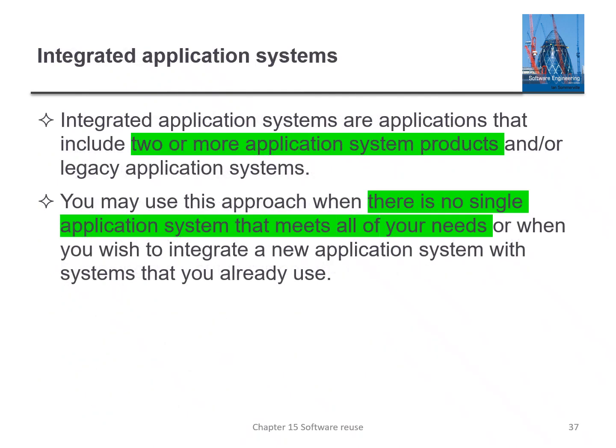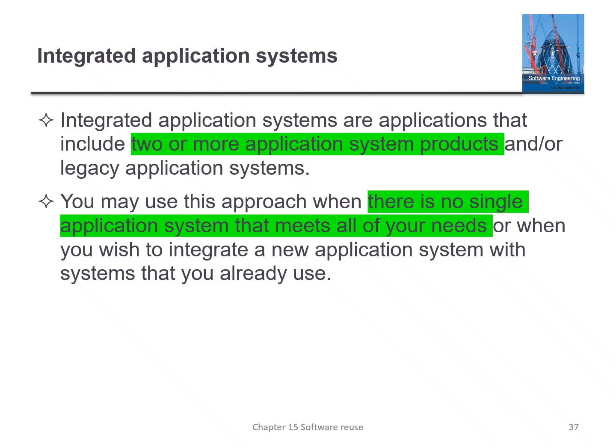Right. Another form of reuse that you have come across just now is integrated application systems. These are another approach for reuse, whereby integrated application systems are applications that include two or more system products, or might also include a legacy system, for example, banks that have a slightly older system.